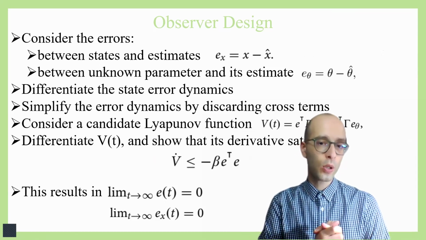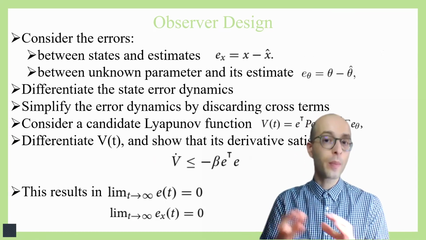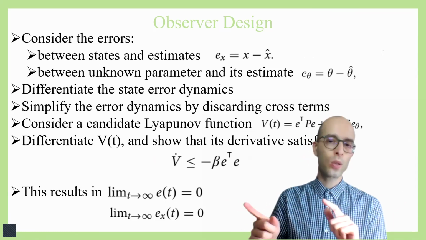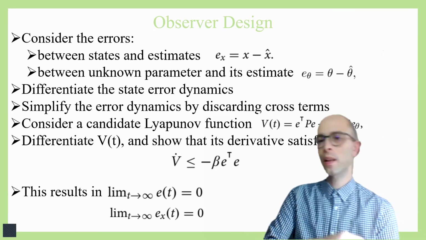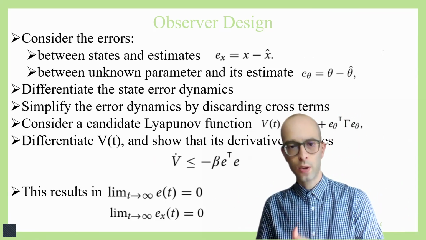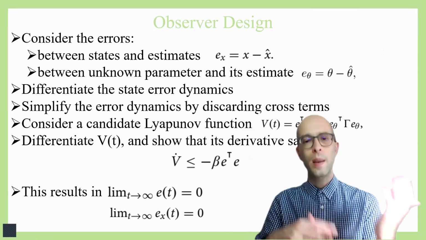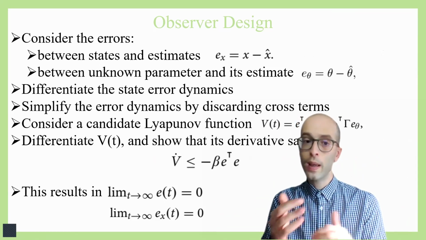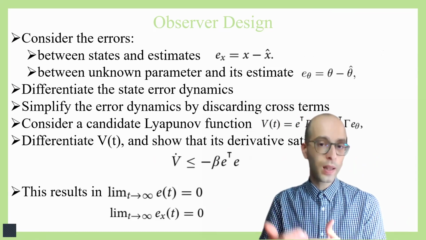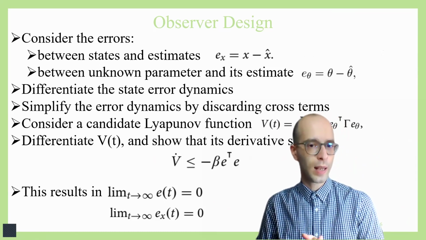The algebraic conditions allow us to discard some cross terms that appear. When I say cross terms, I mean terms that involve the error of the state and the error of the parameter, so epsilon x and epsilon theta. We can cross them out, delete them, because we have the algebraic conditions being satisfied.